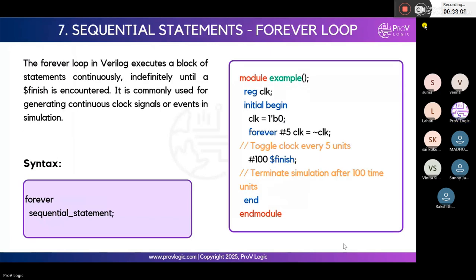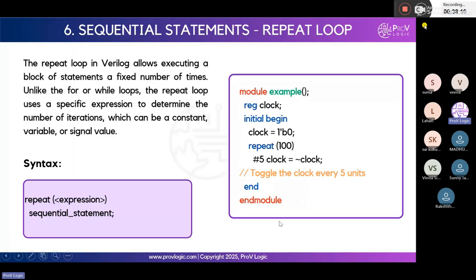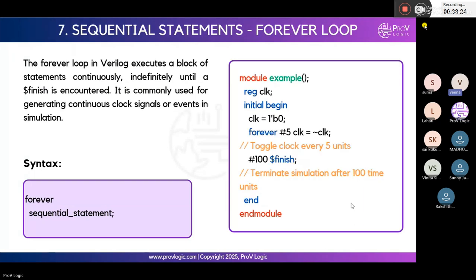Okay. Here it will not toggle. Yes, ma'am. But in repeat here, $finish is not used, right? And in forever, I think it executes until it finds $finish. Okay, fine. What is the difference between forever and always?